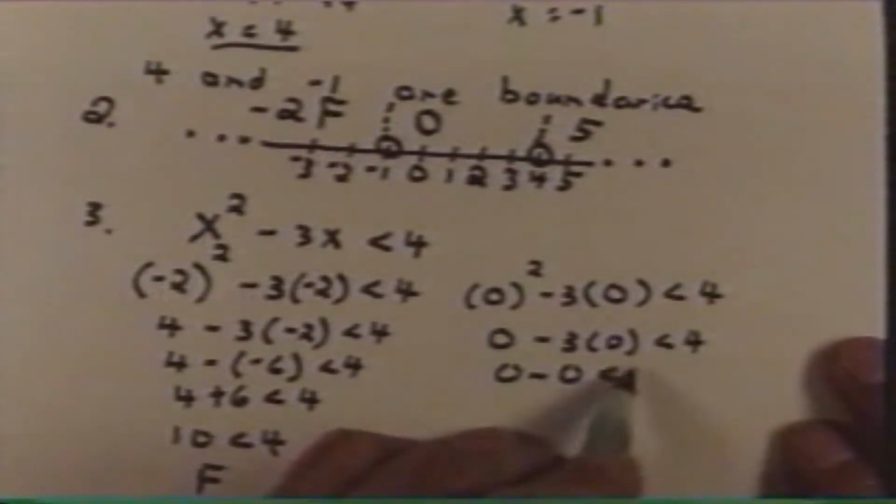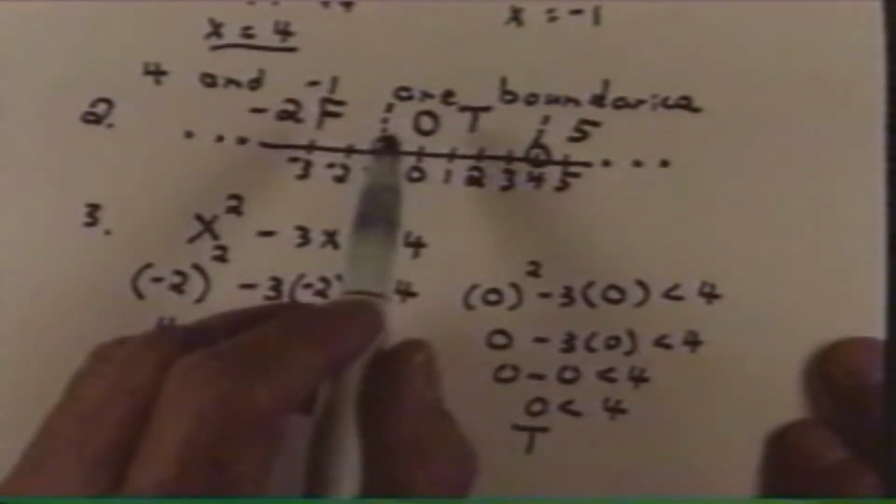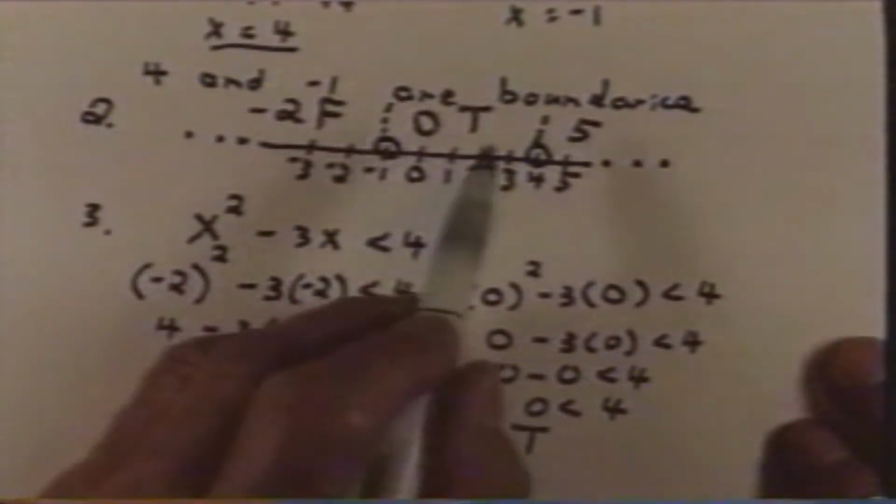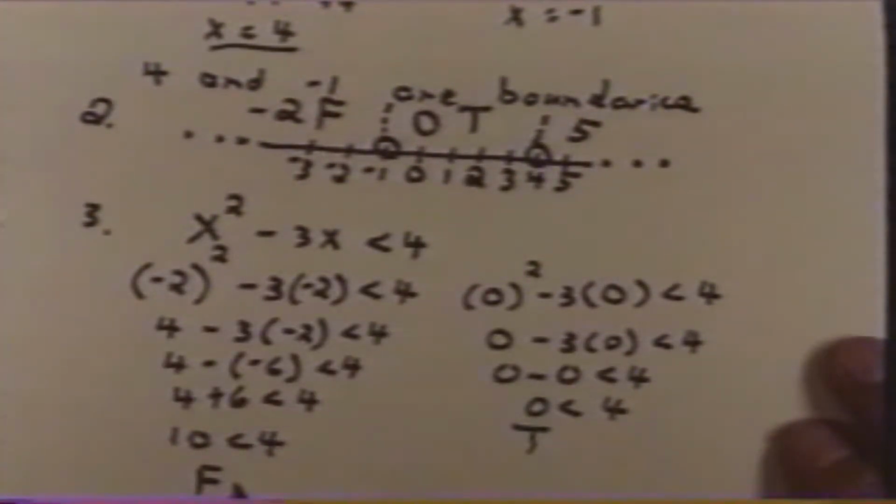Multiply. 3 times 0 is 0. Subtract, I get 0 less than 4, which is true. So 0 gave me a true, which means that all points between -1 and 4 make the inequality true.